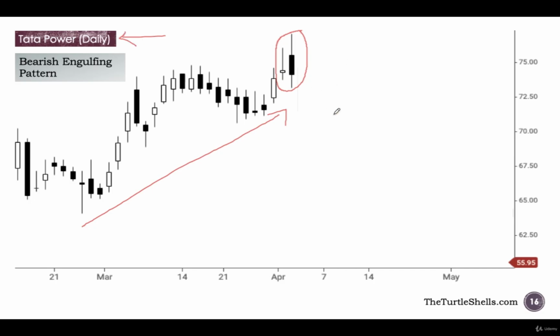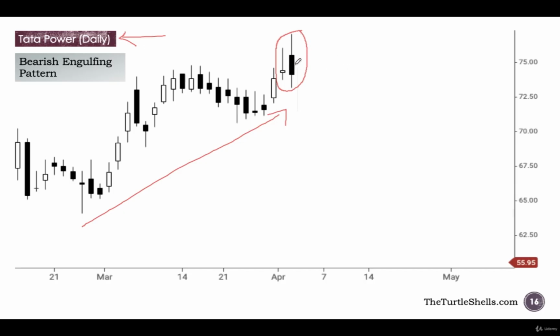So that's a very strong bearish engulfing pattern because if the bulls were strong here, why is it that we have two long upper shadows? Even if we ignore the bearish engulfing pattern and just look at these as two separate candles, what are the shadows telling you?